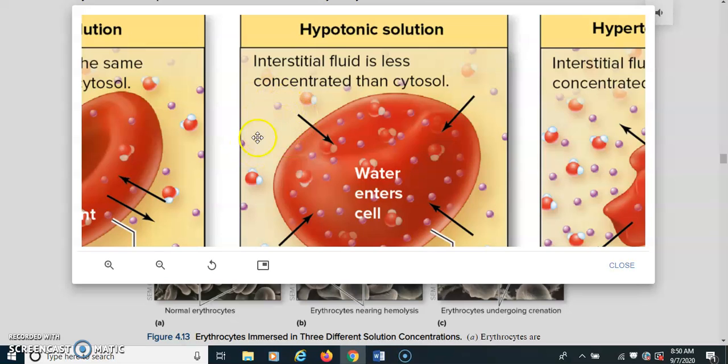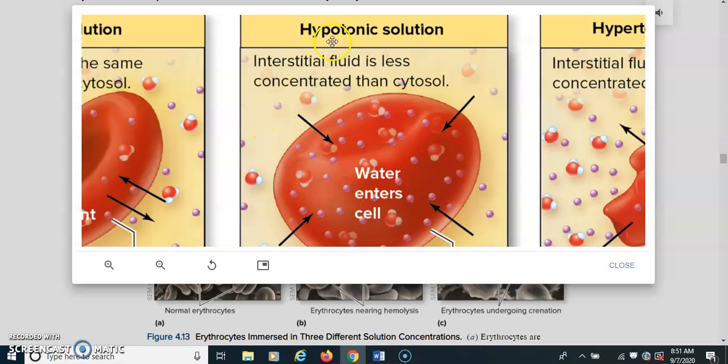If we lose solutes, maybe through some sort of process like the loss of a lot of solutes through sweating and things like that, what we'll get is this situation where our cells, in this case red blood cells as an example, will be in a solution that has less solute concentration than the solute concentration inside the cell.